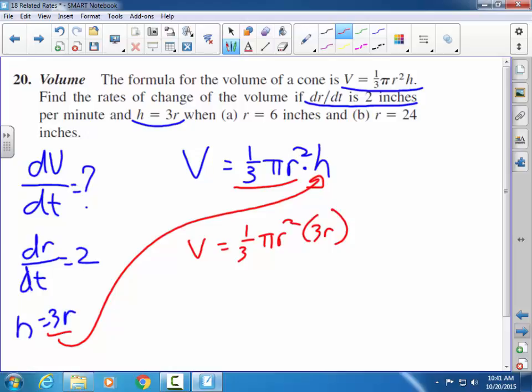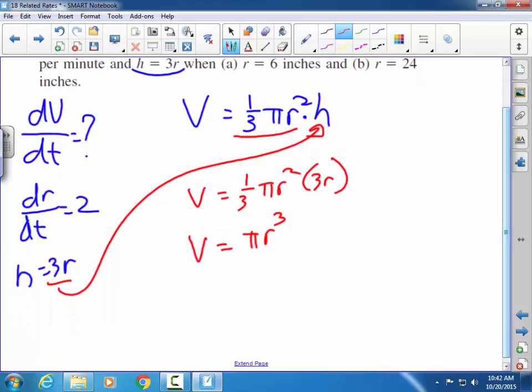Now we've got just r's on the right side, so we can continue cleaning this up, and we get that the volume is pi r cubed. Now that we're down to just two variables, now's a happy time to take a derivative. If we were to take the derivative now, what do we get on the left side? dV over dt.